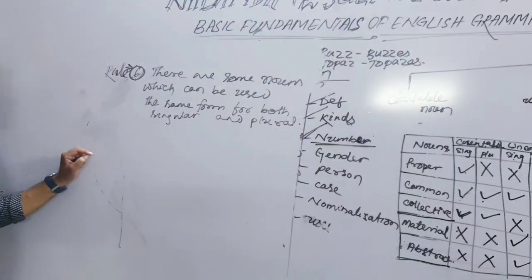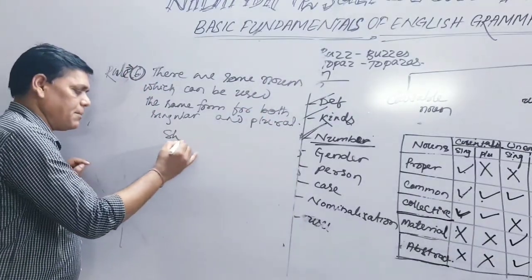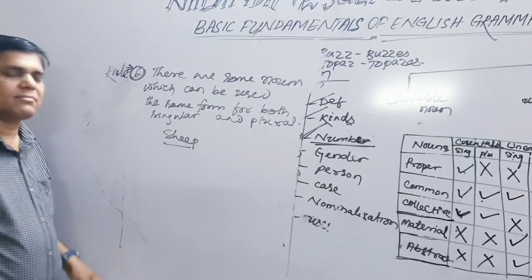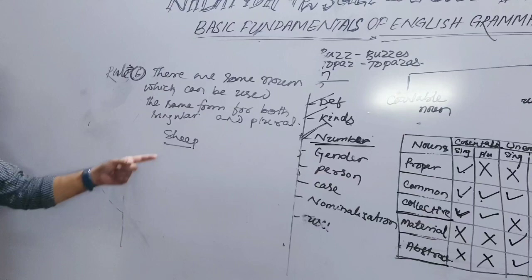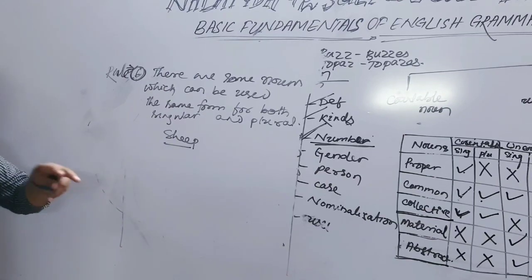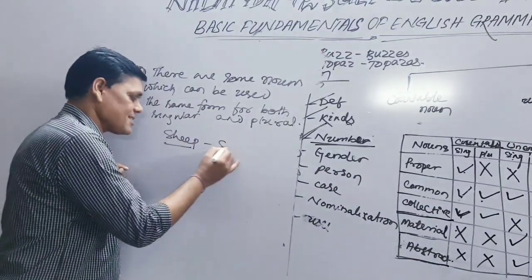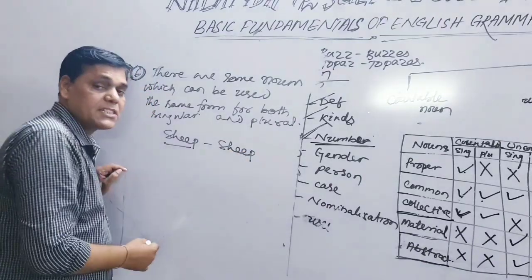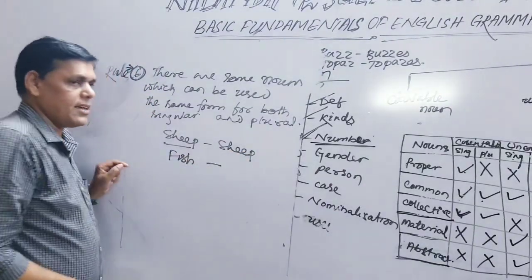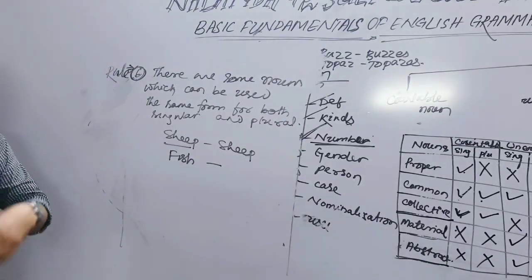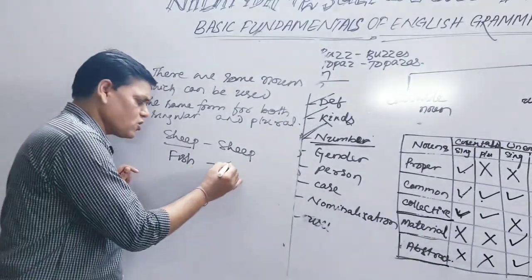Look, students, S-H-E-E-P, sheep. For one sheep we may say sheep, and for a thousand sheep we may say sheep. Fish: a single fish is fish, and 100 fish is also fish.